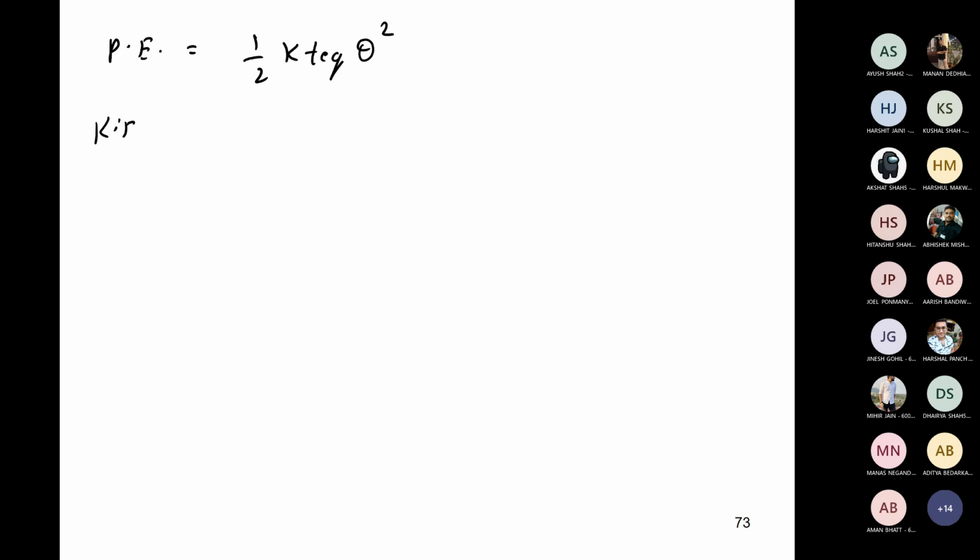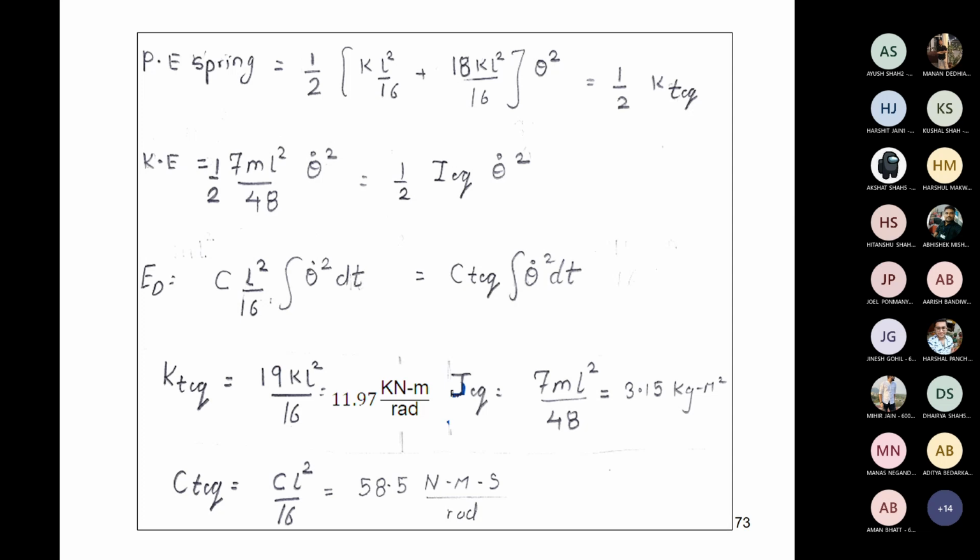Kinetic energy is half I equivalent into theta dot square. Damping energy is C torsional equivalent into theta dot square dt. Alright, so these are the three equations.